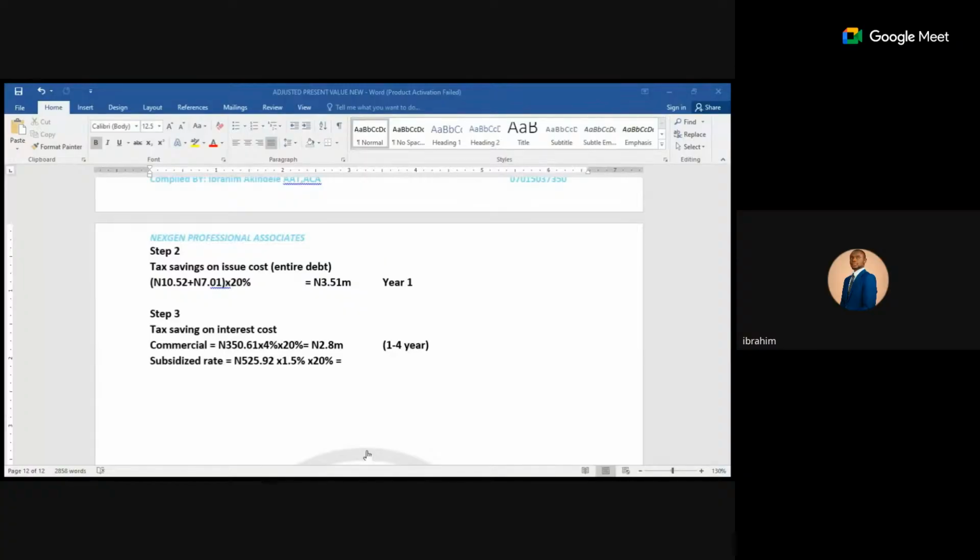So why will you apply tax savings on interest costs only on subsidized? What about the commercial rates? Forget about the tax saving. Interest is on both commercial and the subsidized.